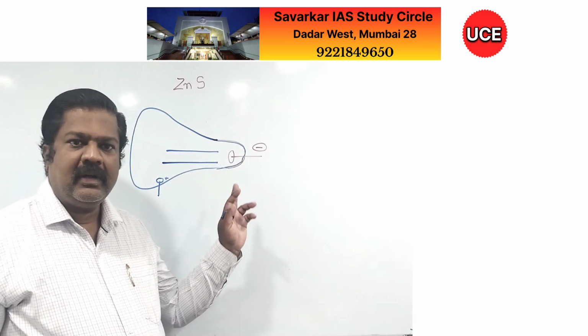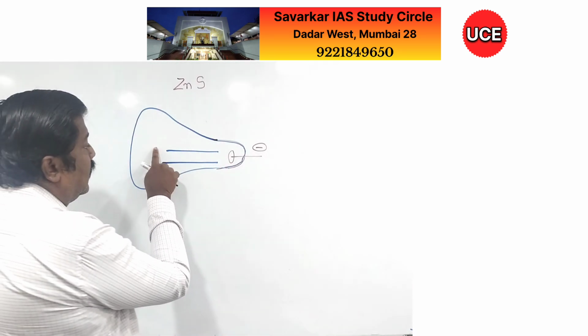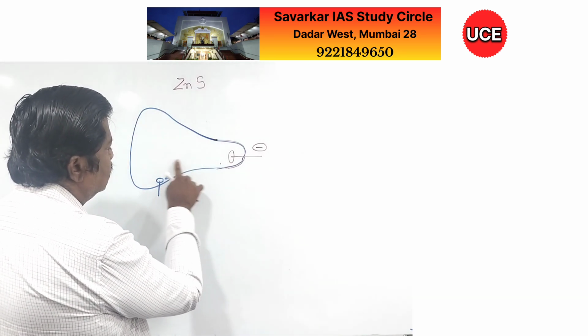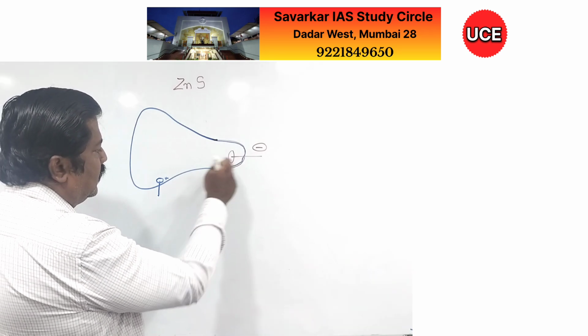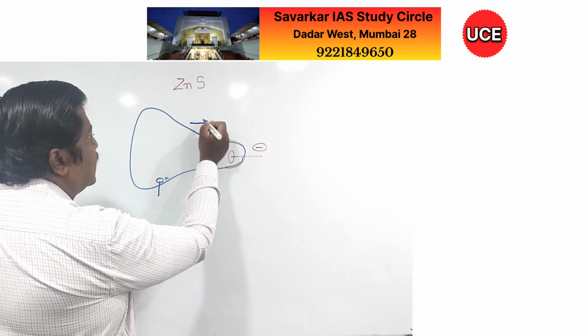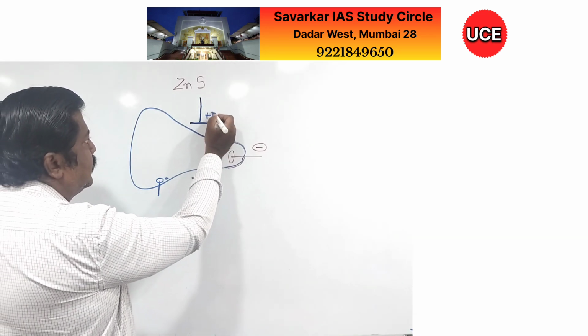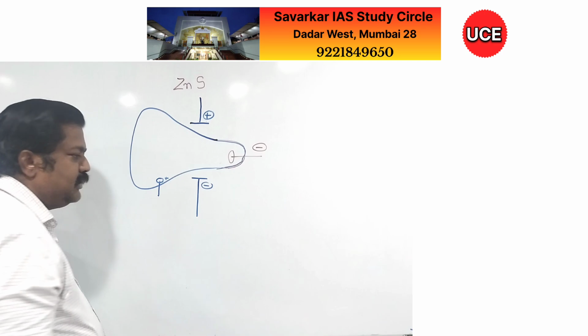But prior to the track, forget the track. First consider this way. They place the anode, cathode, and they place an external electrical field. This is positively charged, this is negatively charged.